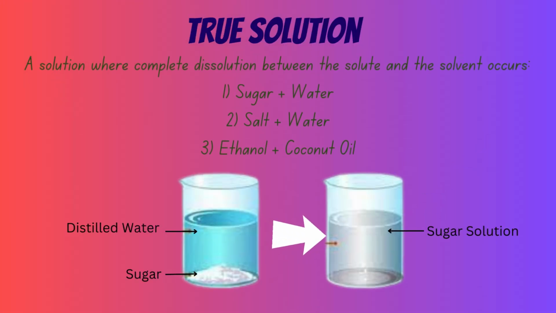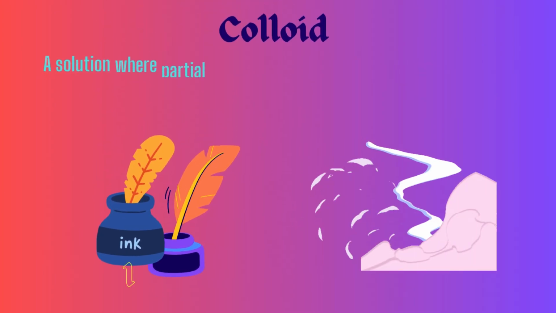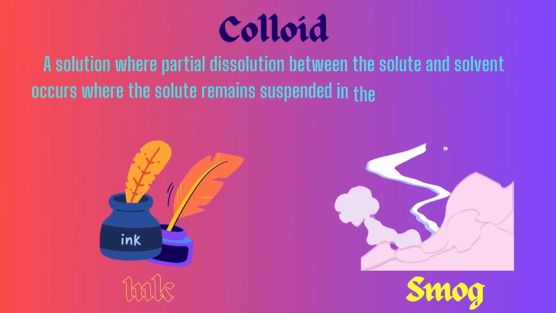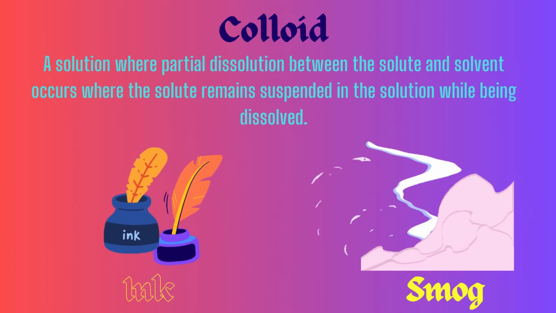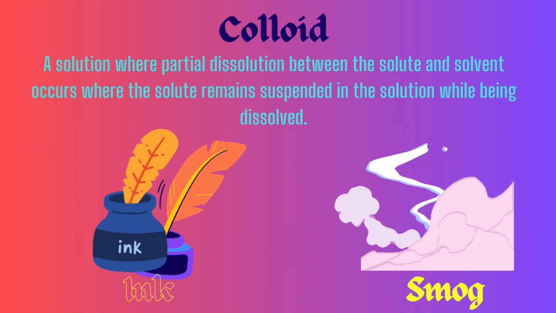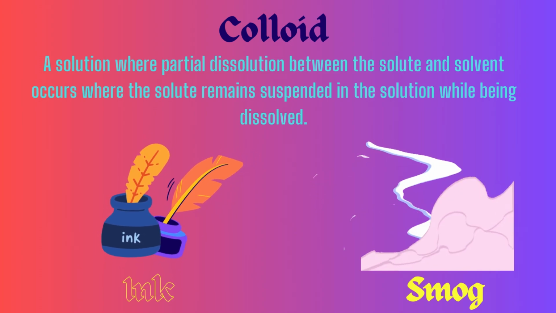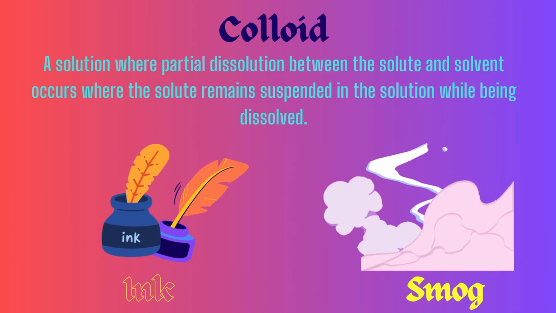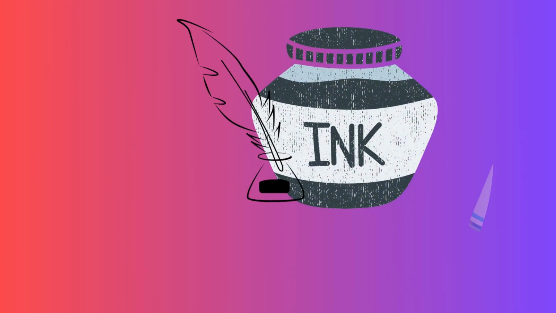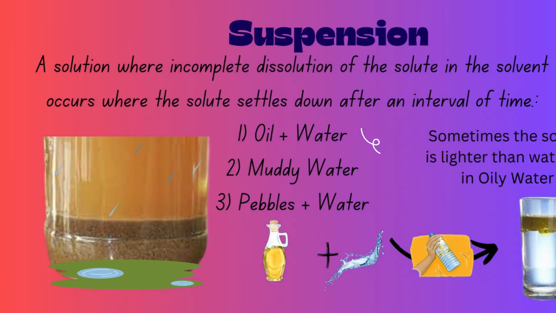A solution is where the components of the mixture are uniformly distributed, as in salt solution and sugar solution. A colloidal solution or colloid is formed when the components are not uniformly distributed, but they don't settle down as their particles are too tiny for that, as in milk, ink, or blood.